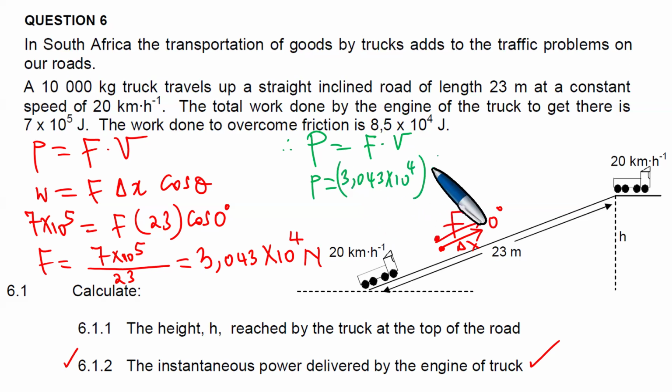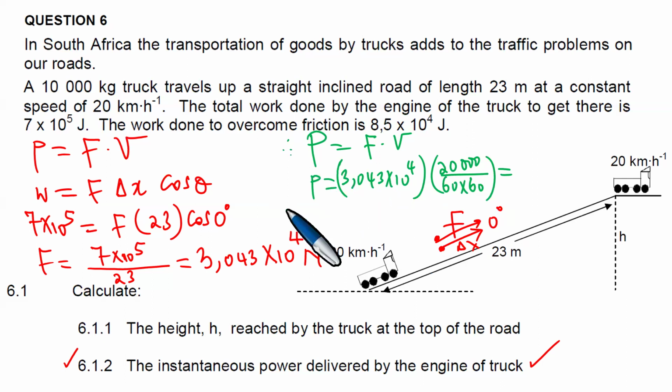For the velocity, you can also do it step by step: it is 20, and the kilometer is 1,000, divided by 60 because there are 60 seconds in 1 hour, and in the end you multiply these things.